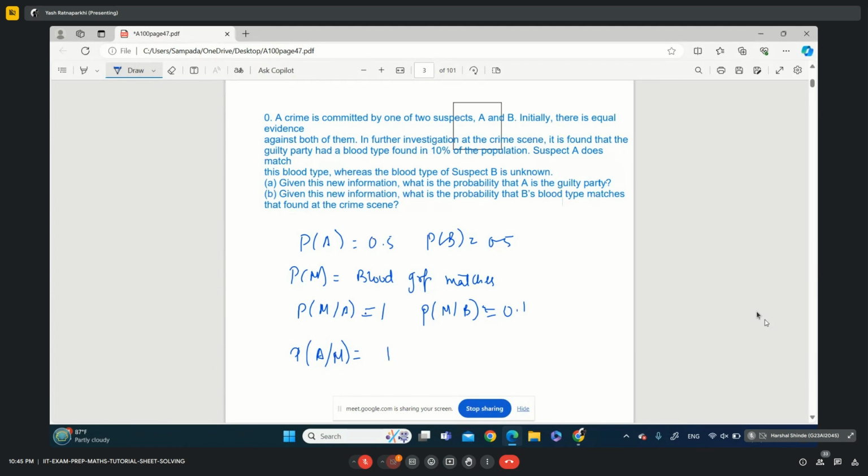It says the probability of A into the probability of M given A, upon the total probability of M. So the probability of A is 0.5, and the probability of M given A is 1, upon the total probability. The total is this into this plus this into this, right? So I'm writing it down directly. It is 0.5 plus 0.05, right?